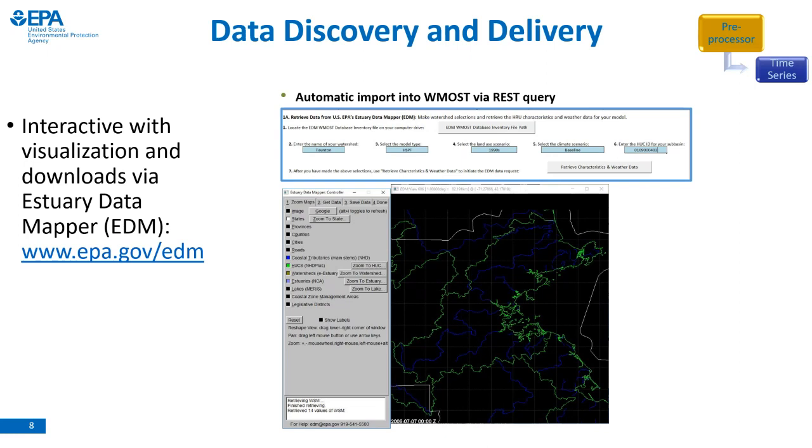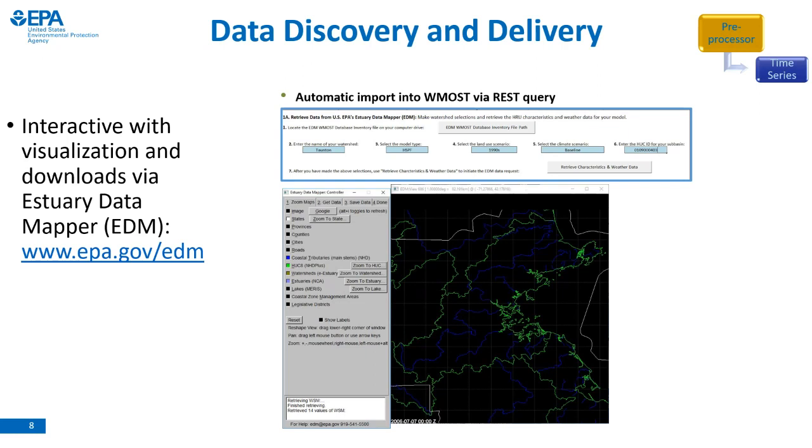There are a number of ways of getting these time series into WMOST. We have pre-processed some existing watershed model outputs, mainly for the New England area, and those can be automatically imported into WMOST via a query over the internet. I've shown a screenshot from that portion of WMOST in the top of the screen.